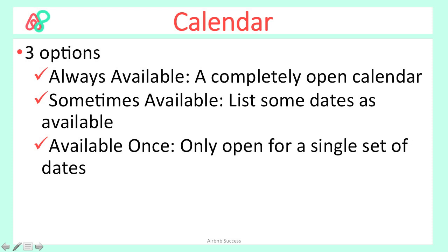But I highly recommend you go for sometimes available because when you list your space, then go for holiday, the chance that you will go on holiday more often is higher because Airbnb will pay for all of your holiday anyway. So the chance that you will do this over and over and over again, more than once.